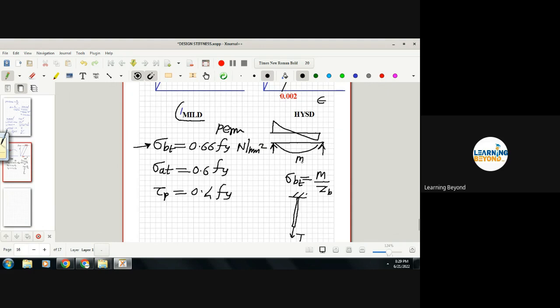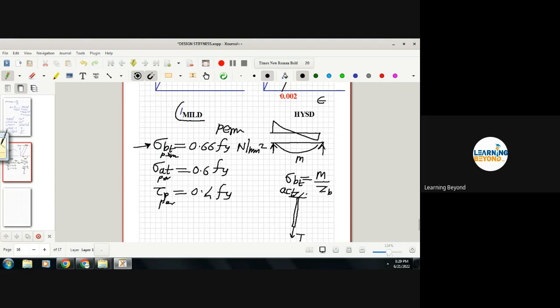If you want to calculate the stress due to bending, M upon Z is the actual stress. And this is my permissible stress as per code. Similarly, this is also a permissible stress as per code, and this is the permissible shear stress as per code. And you can calculate the actual stresses from the analysis.